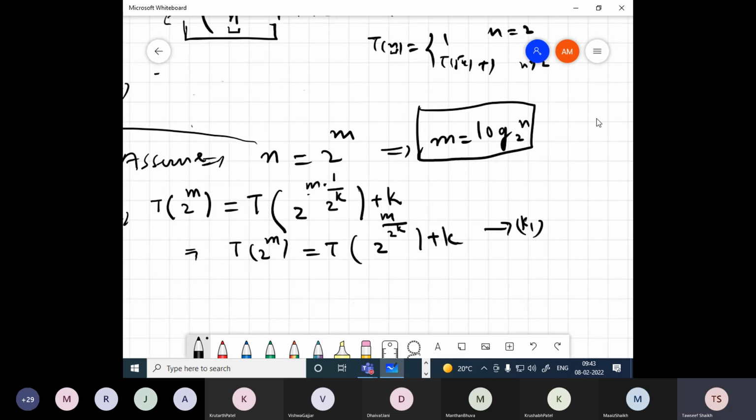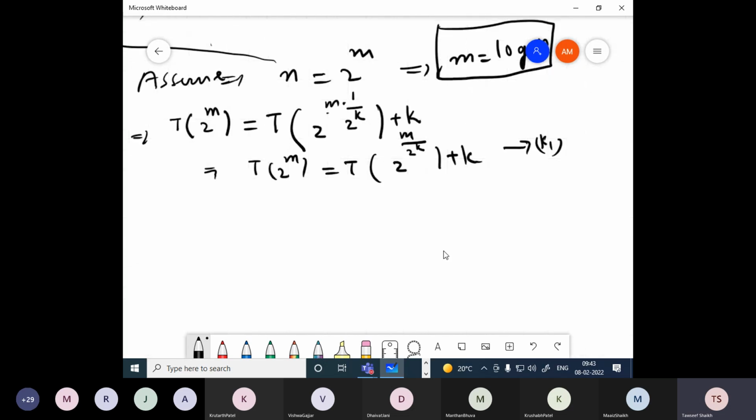So I had to make this thing equal to t of 2. That means I had to assume one more thing, that this 2 power m divided by 2 power k should be equal to 2, because I am substituting 2 here in place of this whole value.